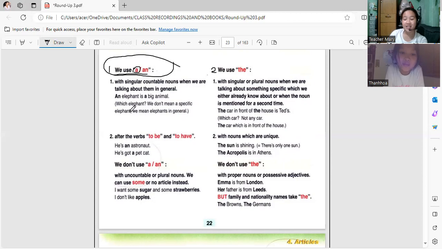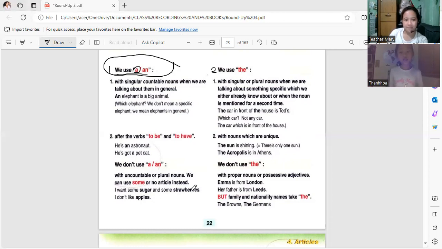It is a consonant sound. Can you say a consonant sound? A consonant sound. Okay. We use a and it is a consonant sound. Okay, there you go.